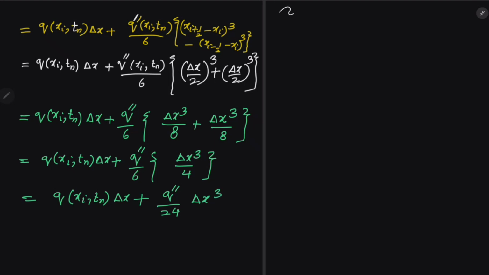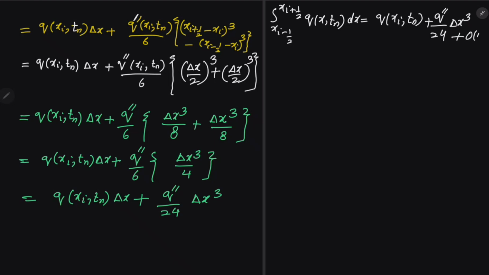What was on the left hand side? On the left hand side we had the integral from xi minus 1 half to xi plus 1 half of Q x Tn dx, which is equal to Q xi Tn plus Q double dash by 24 delta x cube and order of delta x 4, and delta x 4 will be equal to 0 due to the odd function, so the next term is delta x 5.